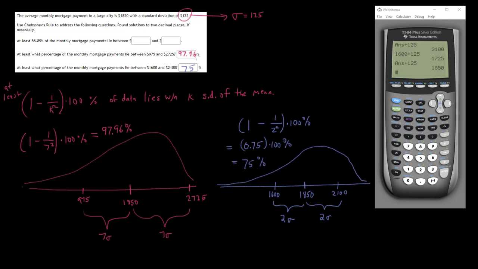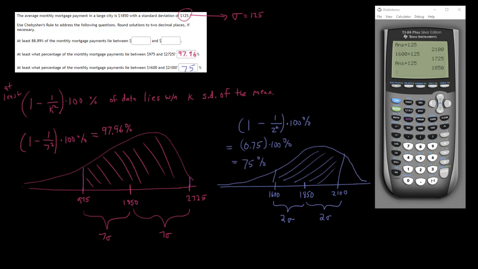So 75% is the amount of data between here. Like if I shaded this, it would be at least 75% of the data. I didn't shade over here, but over here it would be at least, oh, wrong color. At least we said what, 97.96. All these data would be at least that.